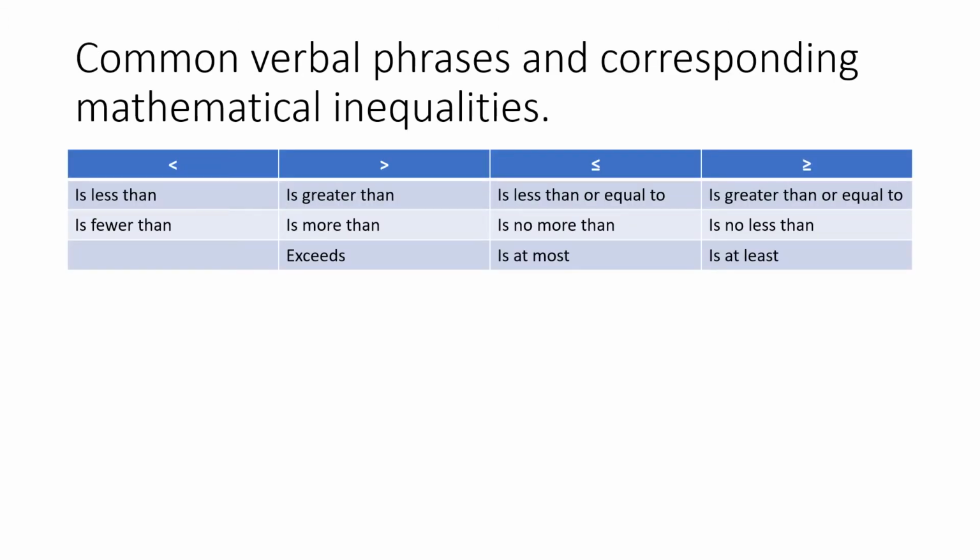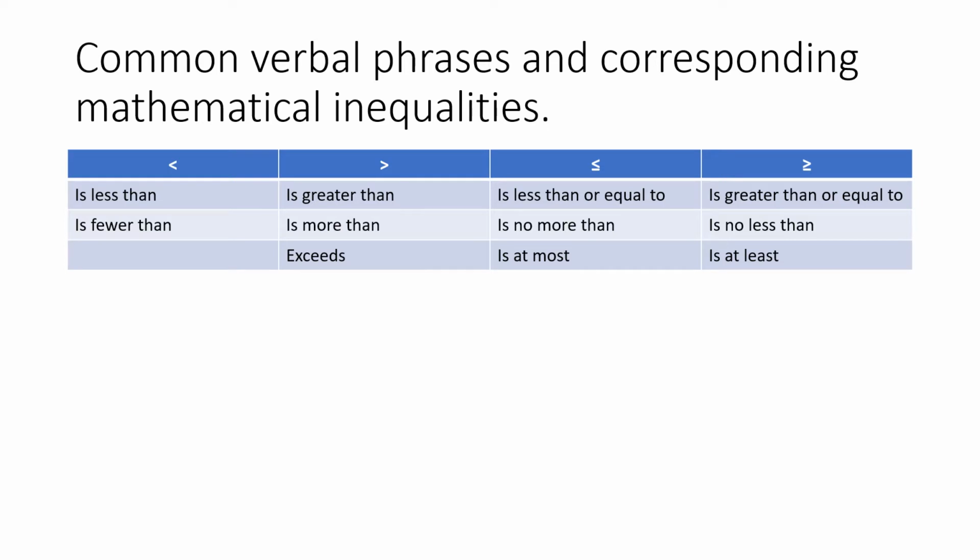Now, this is probably the slide that's going to be the most helpful to you, and you may want to jot this in your notes, because these are the common verbal phrases and corresponding mathematical inequalities. The less than sign, you're usually going to see in a verbal phrase like "this number is less than that number," or "John has fewer than 10 apples."